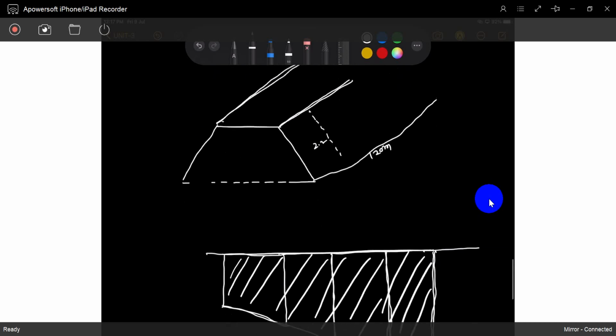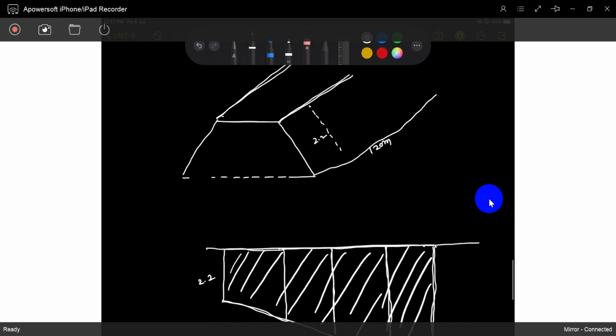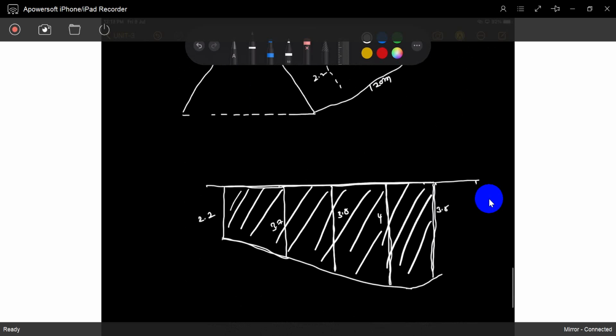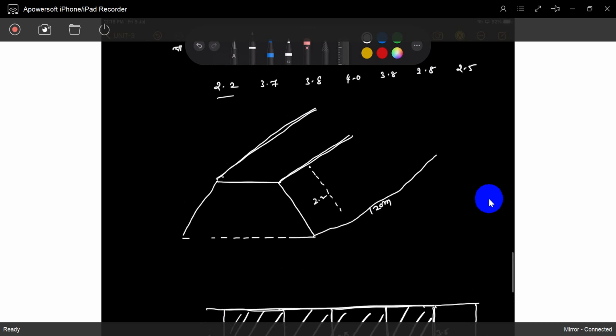First one is 2.2, second is 3.7, this is 4, 3.8, 4, 3.8, next is 2.8. You have to place earthwork to sustain the rail line.